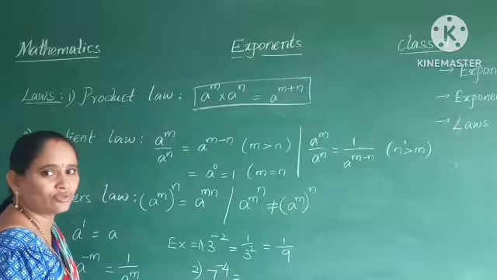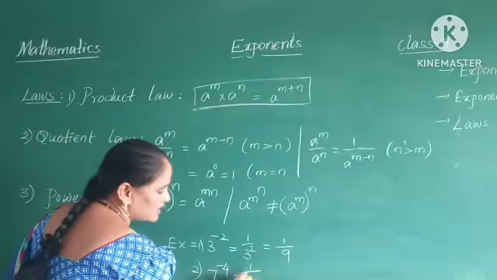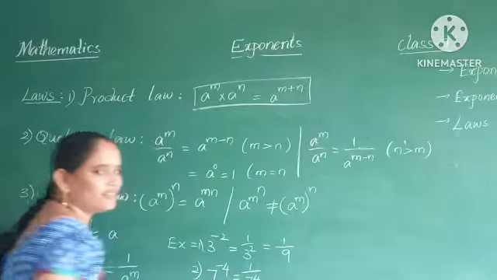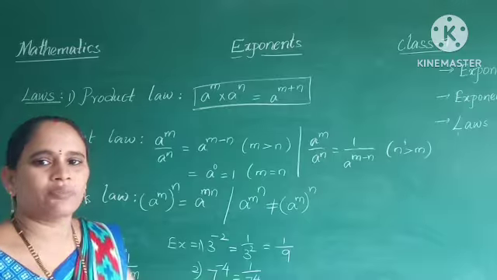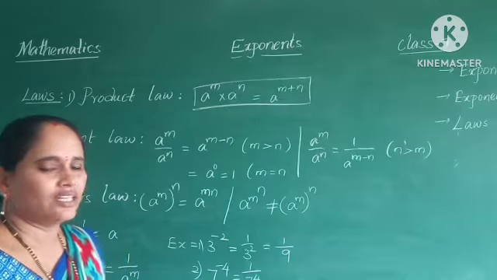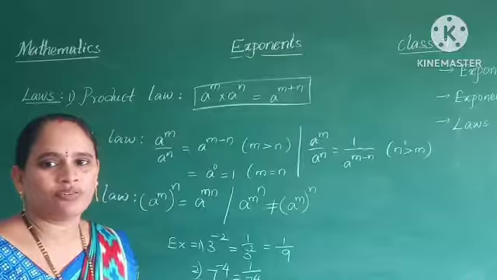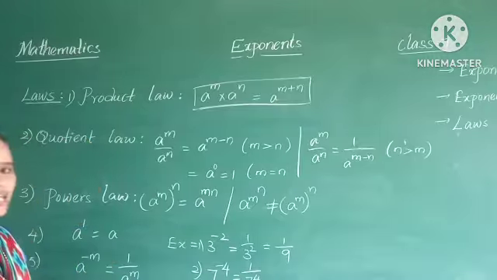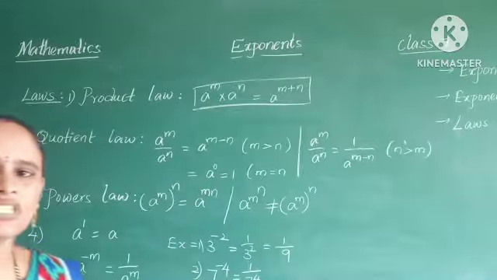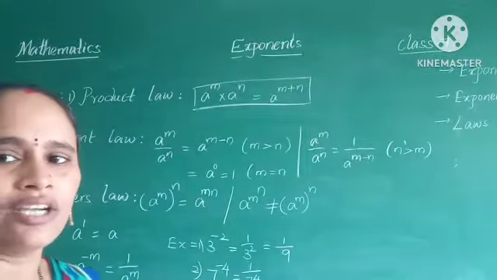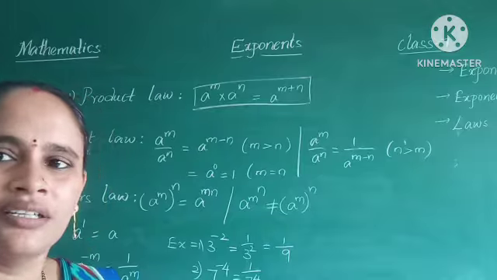According to this rule, 1 by 7 power 4, and we have to find the 7 power 4 value and write it. If any exponent has negative powers, then we write it as 1 by a power m in that formula. Use this law and you can simplify negative power exponents.